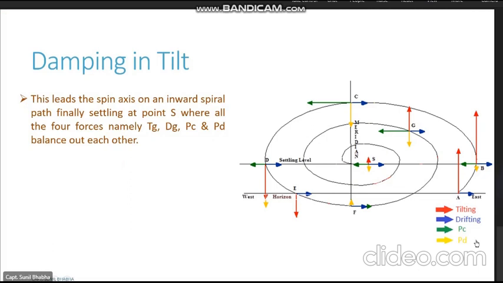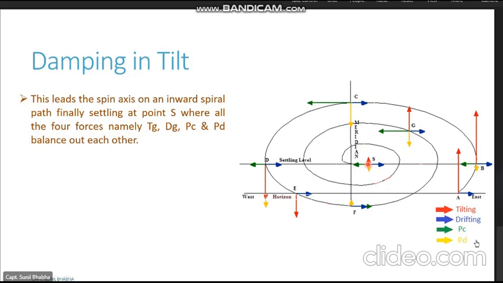This leads the spin axis on an inward spiral, finally making it settle at this point S, where all the four forces, that is tilting, drifting, PC and PD, balance out each other.